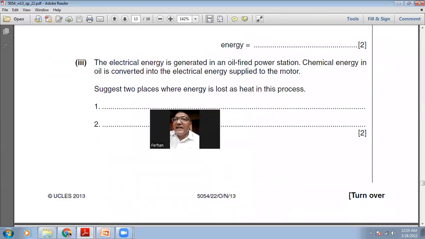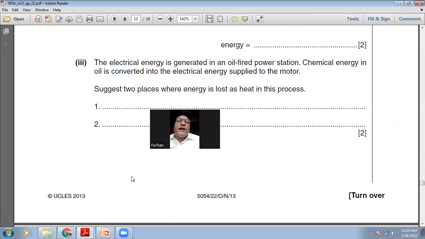He says that the electric energy is generated in an oil-fired power station. Chemical energy in the oil is converted, and give places where the energy is lost as heat in this process.